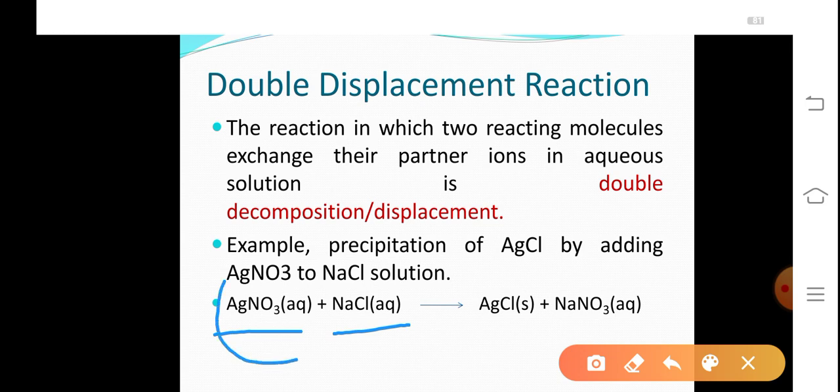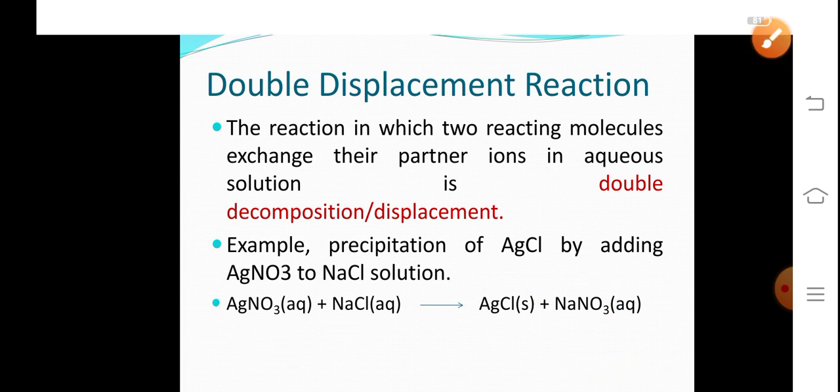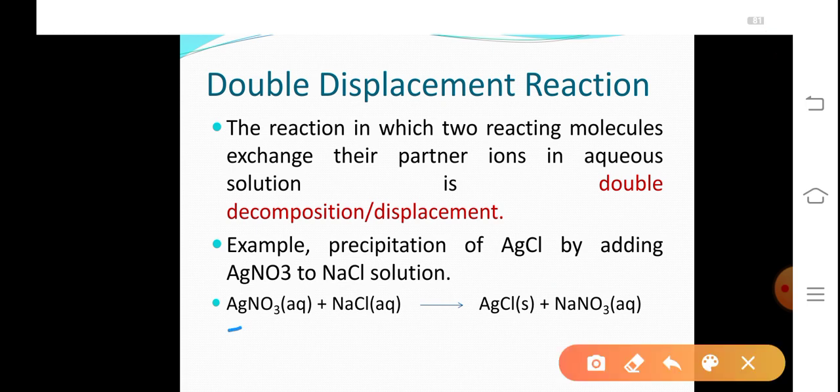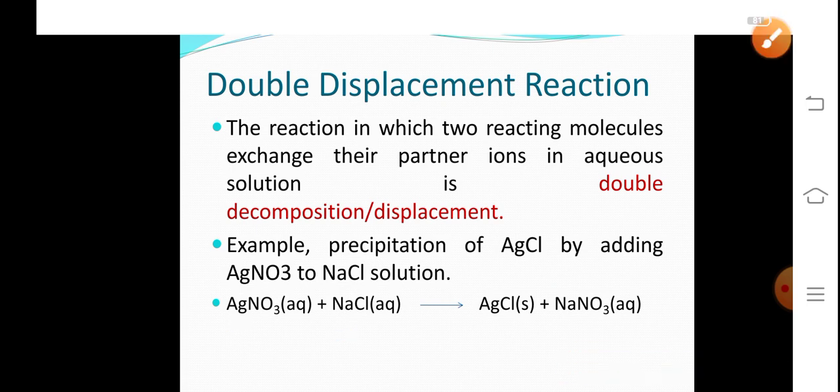Silver will replace sodium. As a result, you will get silver chloride and sodium nitrate. Or we can say that both the cations, silver and sodium, have exchanged their anions.